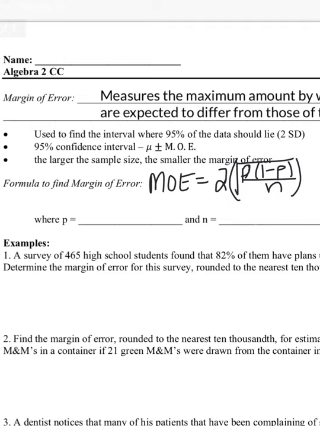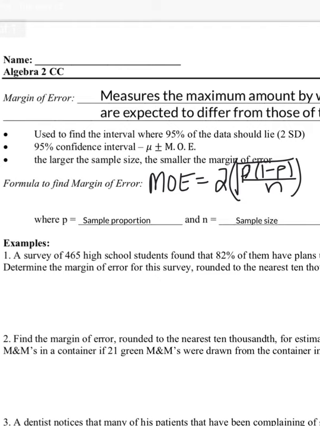P is the sample proportion, and N is the sample size.